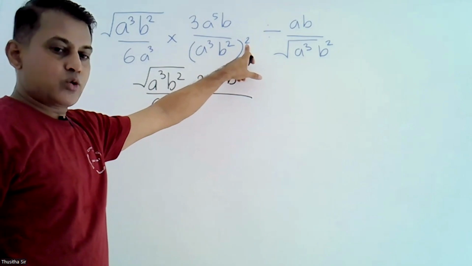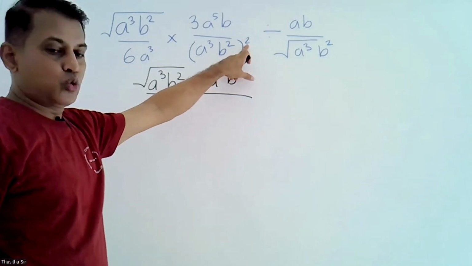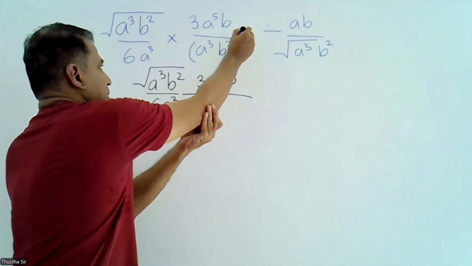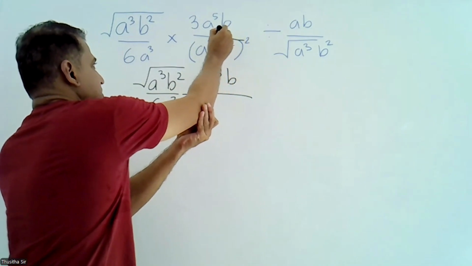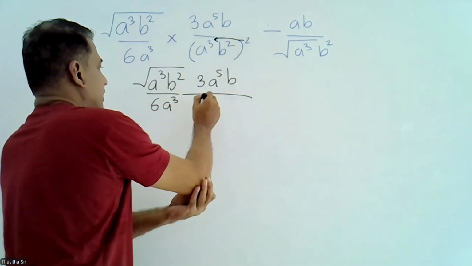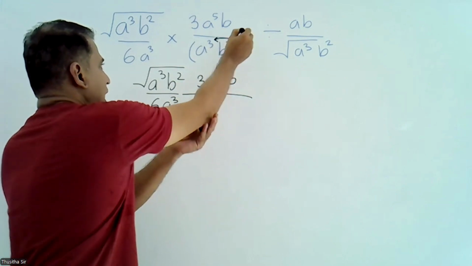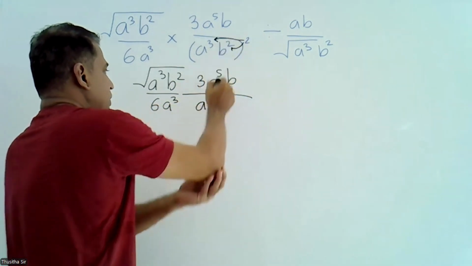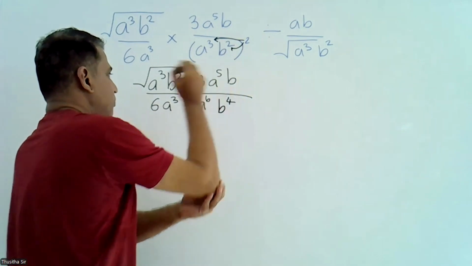So I can remove this square by multiplying by 2. That means if I multiply 2 times 3, a to the 6, and 2 times 2, b to the 4.